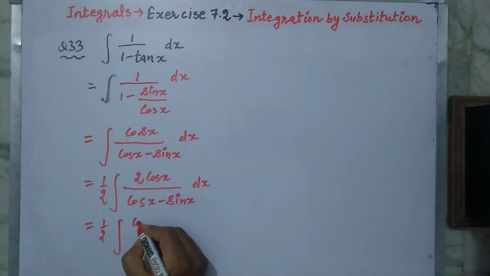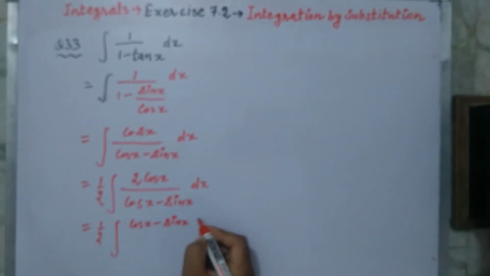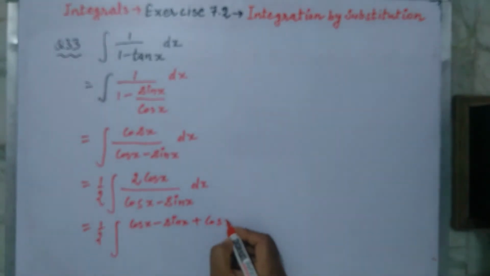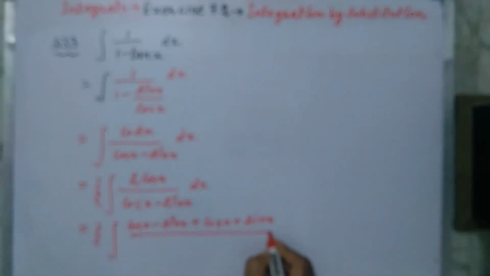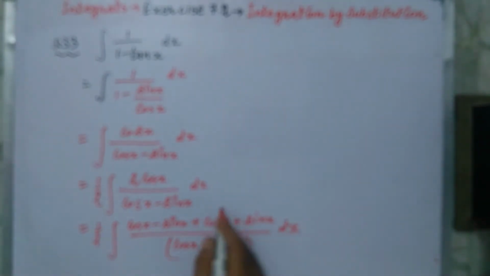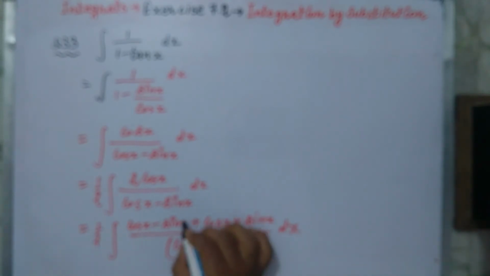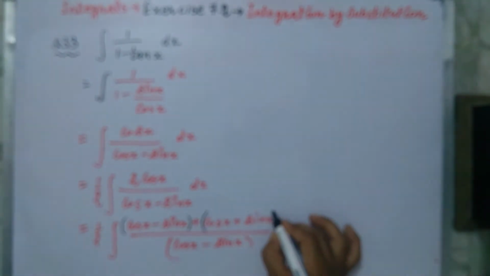We do here (cos x minus sin x) plus (cos x plus sin x) divided by (cos x minus sin x) into dx. That means minus sin x plus sin x cancel, and cos x plus cos x equals 2 cos x. Now we put brackets on the first term and second term.